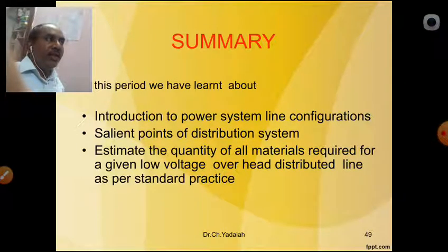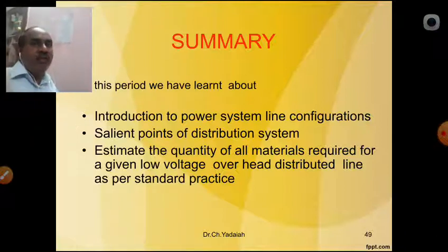Based on the assumed span, we calculated the number of spans, number of poles, length of the aluminum conductors, length of the neutral wire, length of the GI wire, number of insulators, pin insulators, shackle insulators, and number of stay sets. Already we know that every fifth pole should have one stay set, and at the start and end stay sets are required. That is a normal thing as per IE rules.